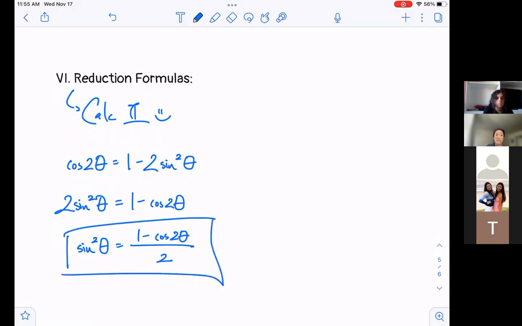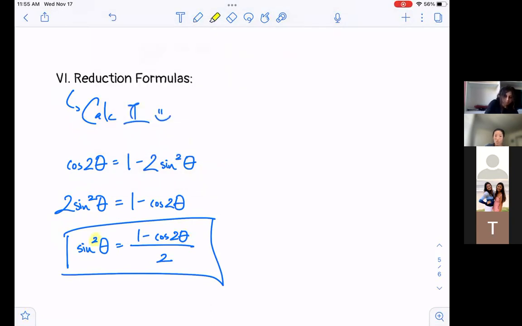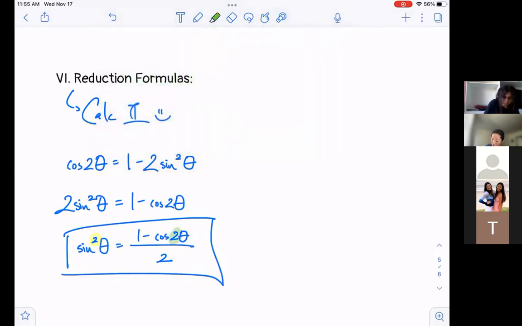This, my friends, is the power reducing identity for sine. Now the size of the numbers that you write is actually very important here. This 2 is sine squared, it is to the power of 2. This 2 in front of the cosine is a double angle.